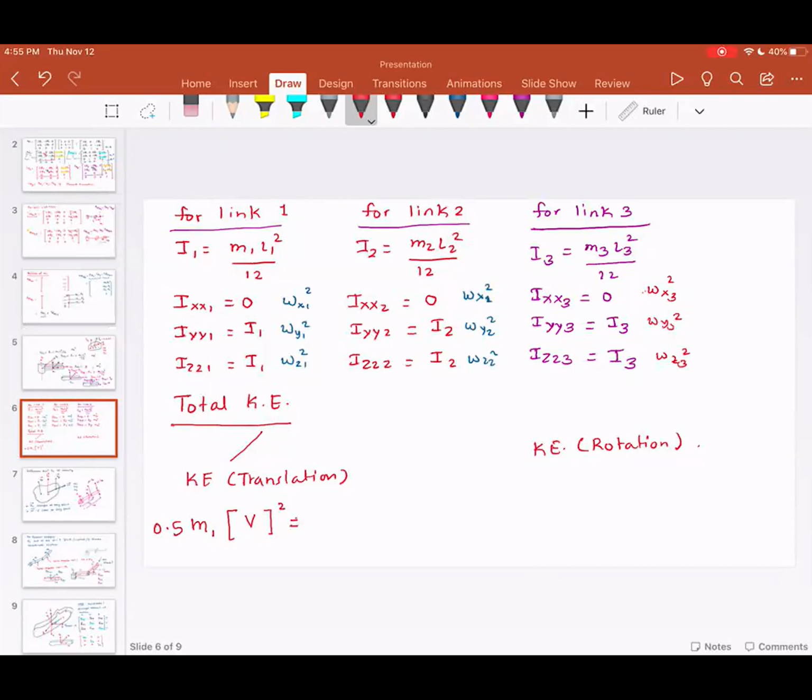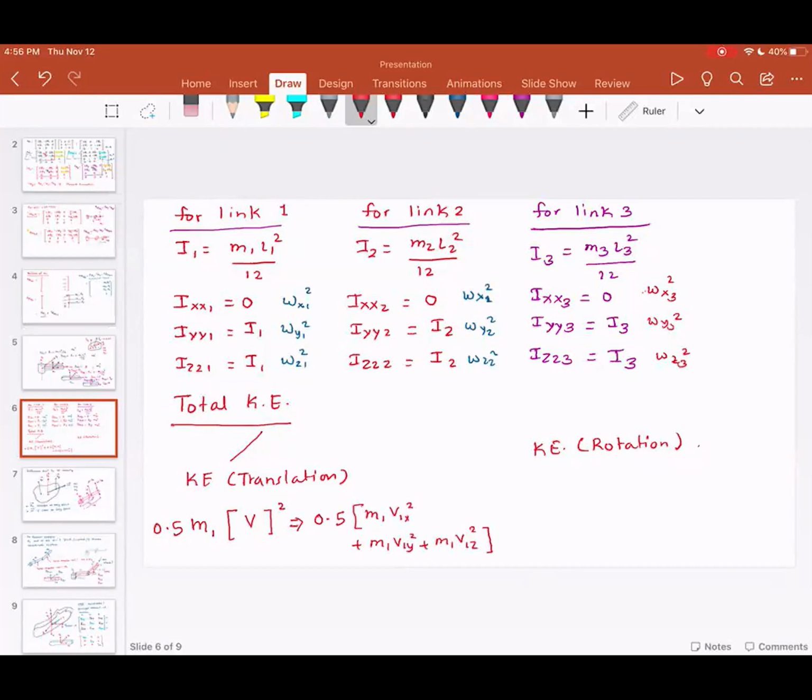So this equation translates into 0.5 m1 v1x square plus m1 v1y square plus m1 v1z square.